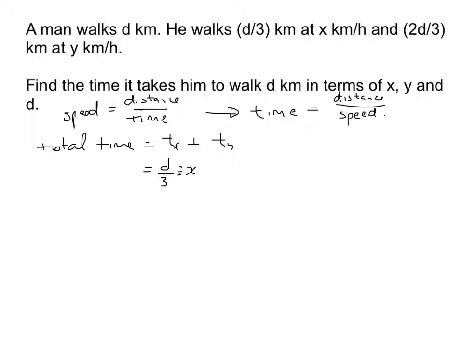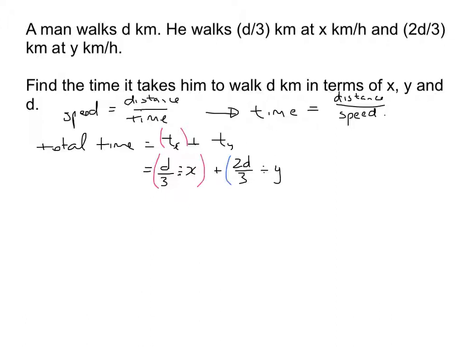That bit is for the x component of time, plus for the y component of time it's going to be the distance, which is 2d over 3, divided by the speed, which is y.